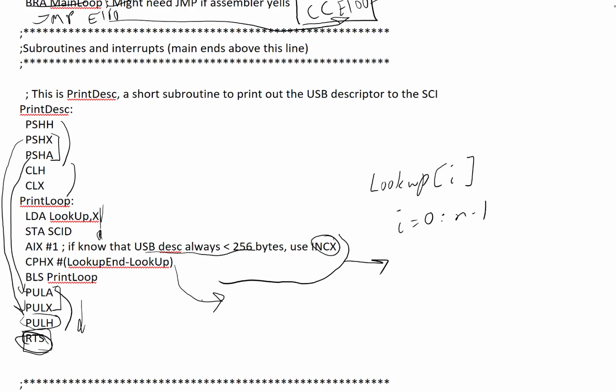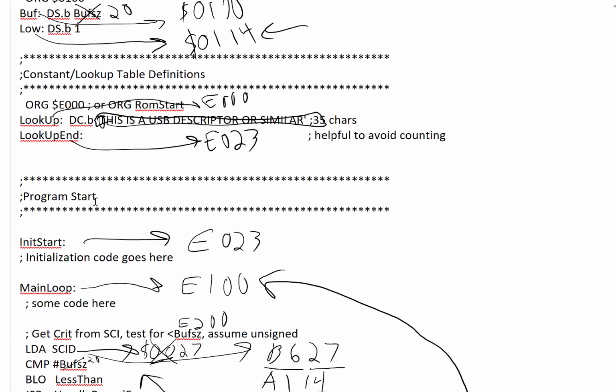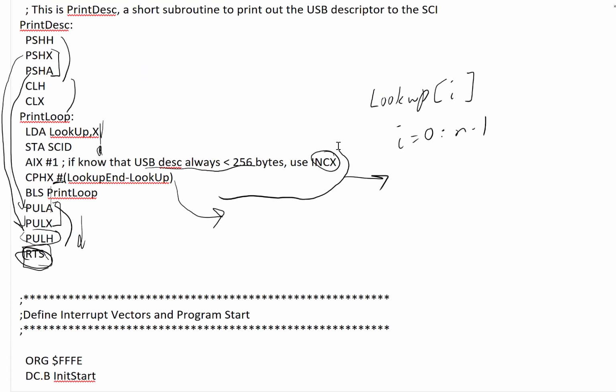I'm going to compare it to an immediate value, but that immediate value is really weird. So I've said it's an immediate value, but then I've just got these two things. Well, lookup end and lookup were defined up here. And I know that that's E023 and E000. The difference is that I, as a programmer, didn't have to write down those values.